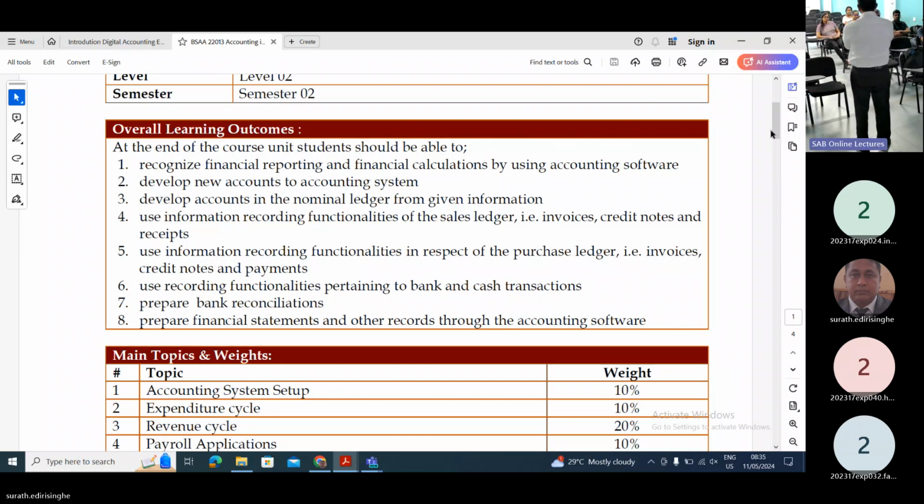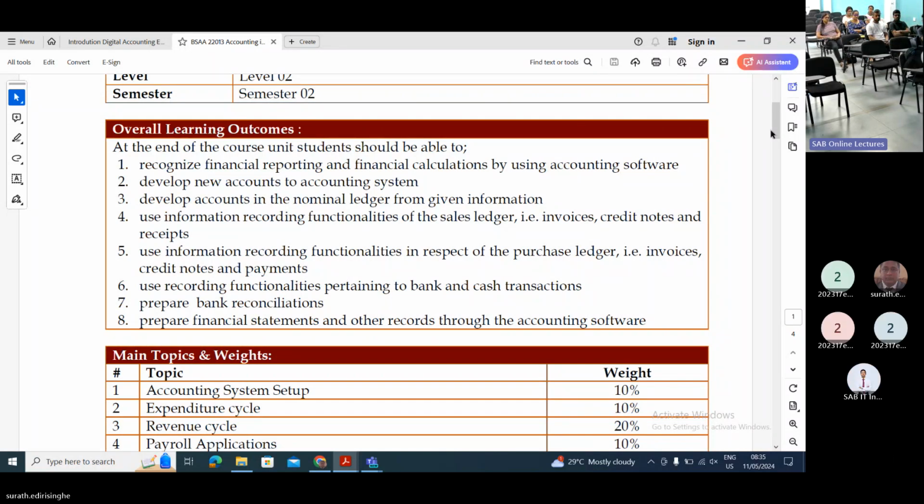What are the ledgers used by a particular organization in general? How many ledgers do we use? What's the first and main ledger in the company? General ledger. This is the central ledger, no? The general ledger or the central ledger.